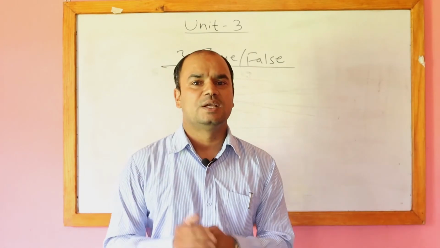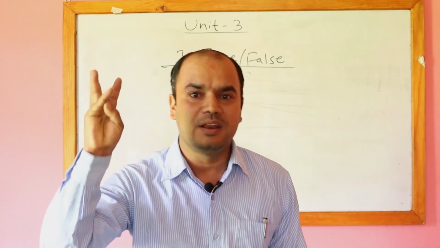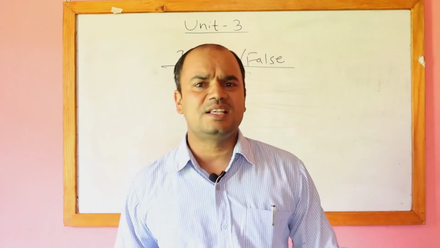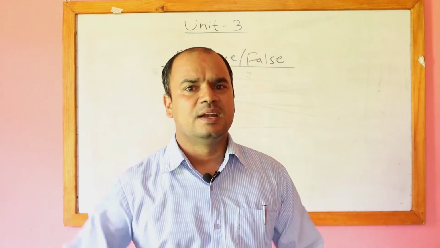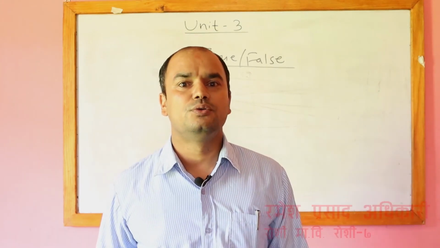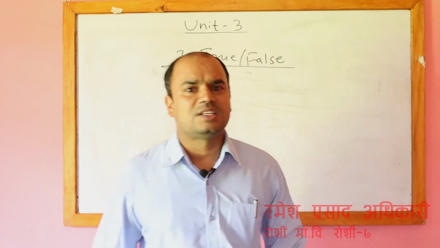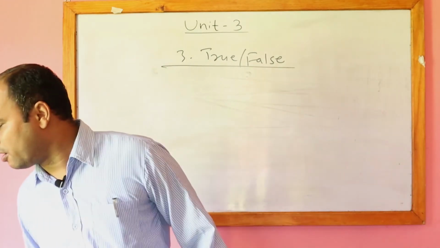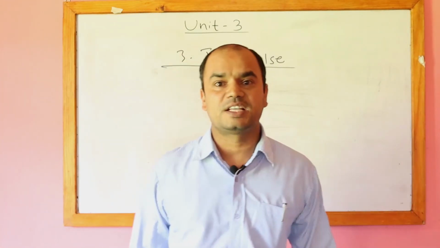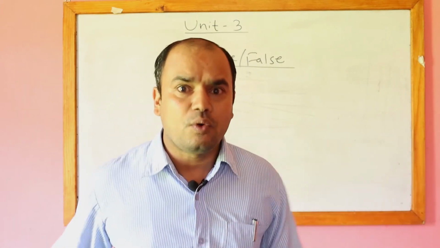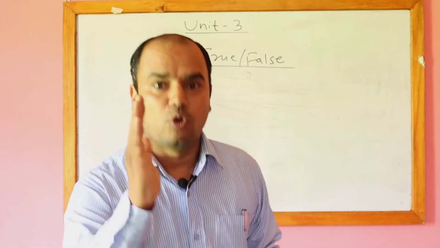So my dear students, we have discussed vocabulary, matching, and true or false today. Now I will discuss a little bit of question answer, and I'll give homework for you to do more. There are altogether 5 questions in your textbook. So I'll describe a few questions and the remaining are for your homework.